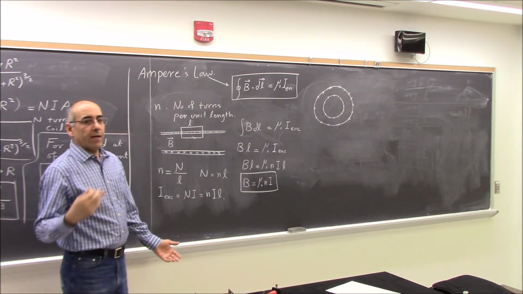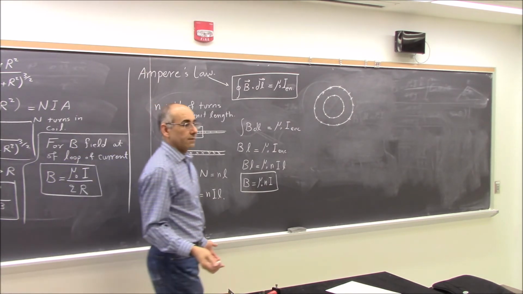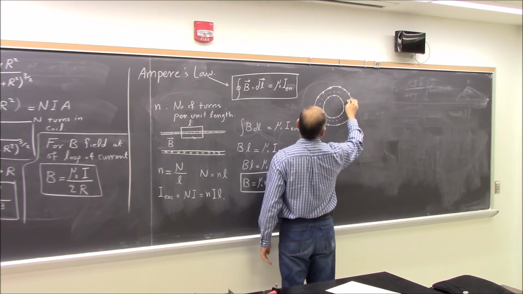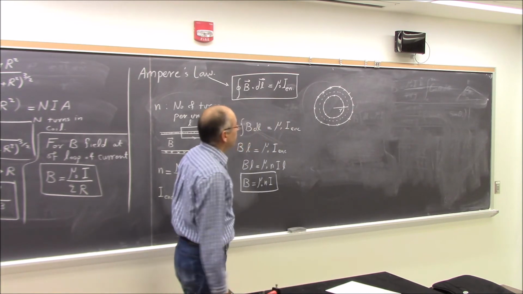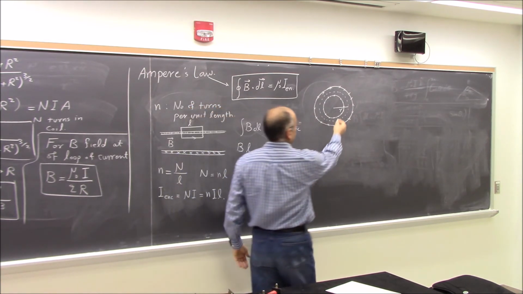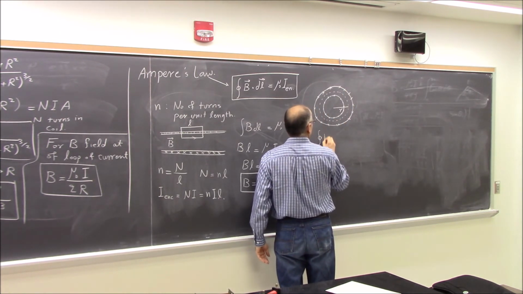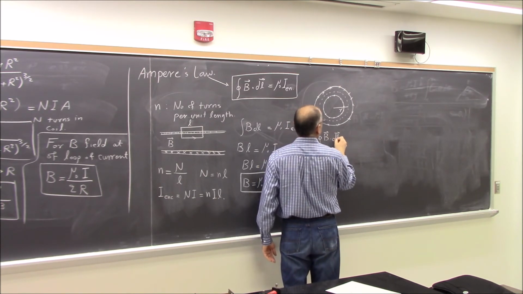Then how do we apply Ampere's law? We can take an Amperian loop like this with radius r, and argue that the magnetic field should be along the direction of this. So the integral along that of B dot dl becomes just B times 2 pi r.